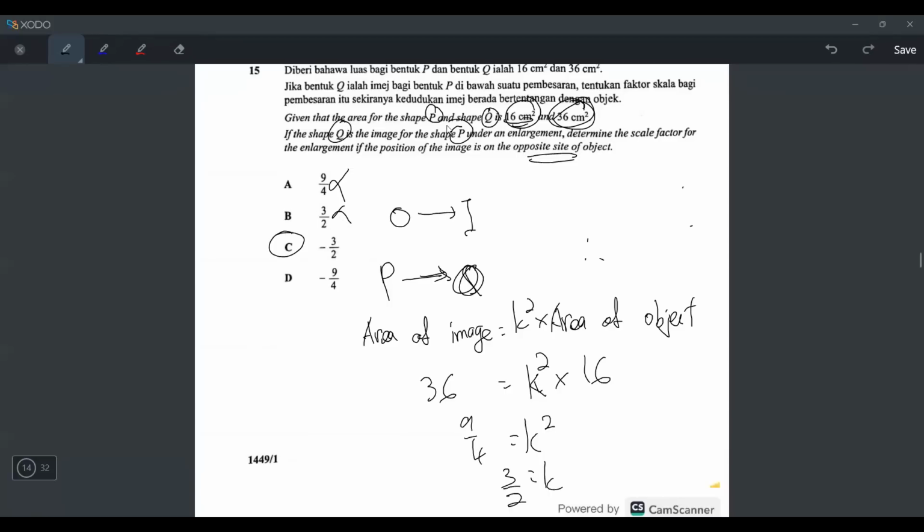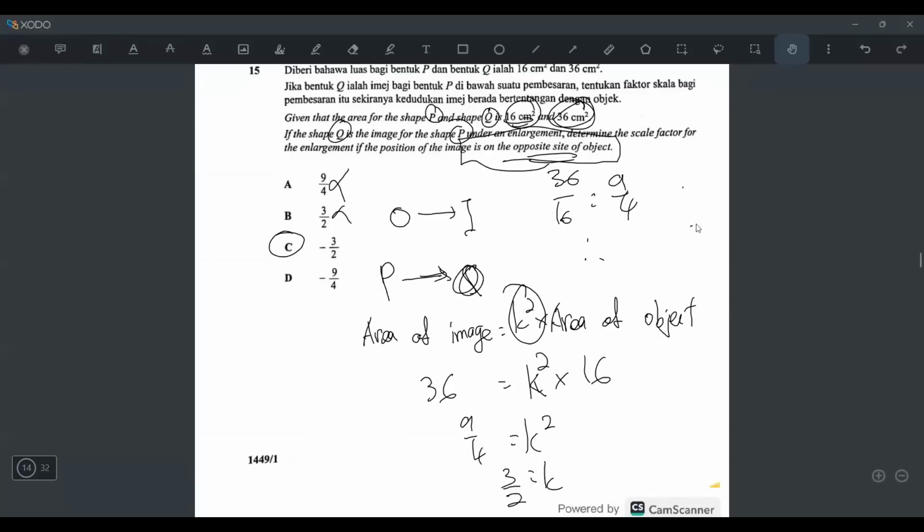Why do we have to put negative? Because of this word here. The image is on the opposite side. I feel like many of you will think it's D, because you just take 36 divided by 16 and get 9 over 4, then you choose D or A. Cannot, because this is area. In area, the K has to be squared. The scale factor has to be squared if it's area. But if it's length, then no need.